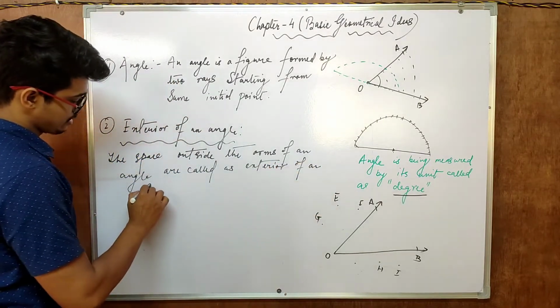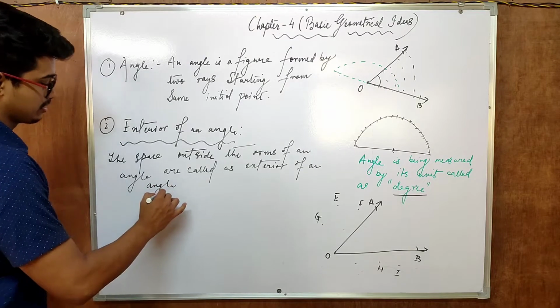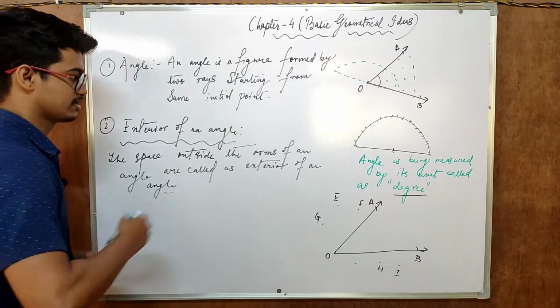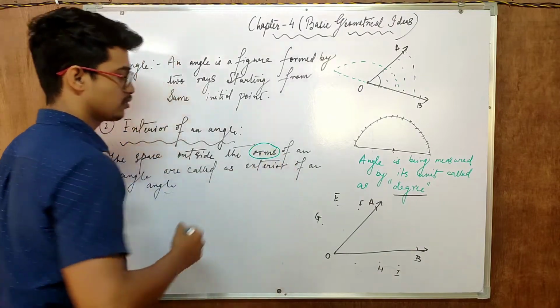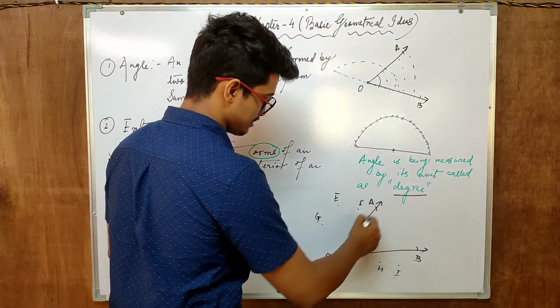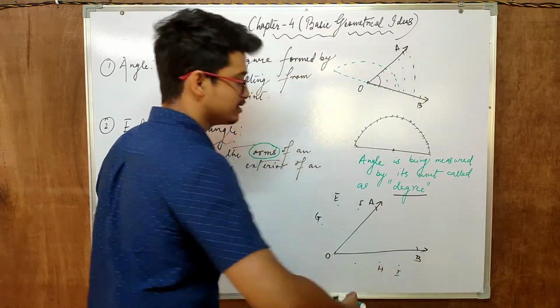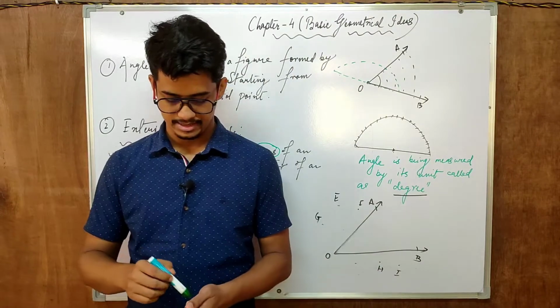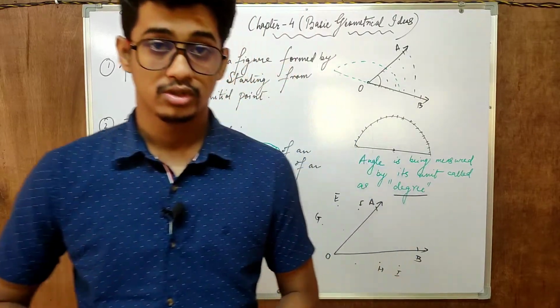One more thing is that here you just need to focus on this particular word, arms. So what do you mean by arms? Arms are nothing but these rays. This OA and OB, these are called the arms. Because of these arms, the angle is actually forming.